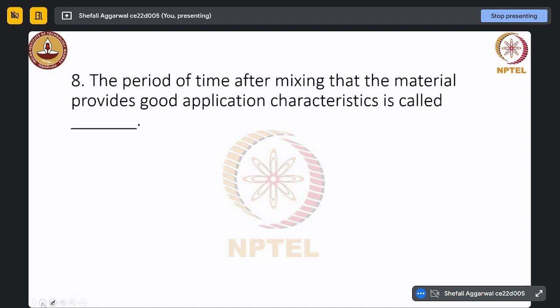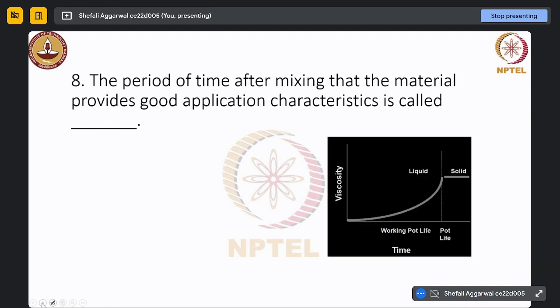Next question. The period of time after mixing that the material provides good application characteristic is called. The answer is working pot life.